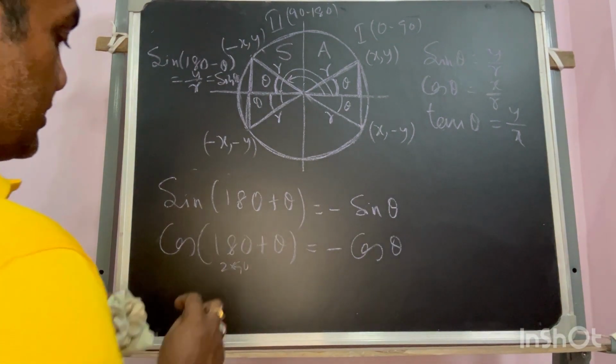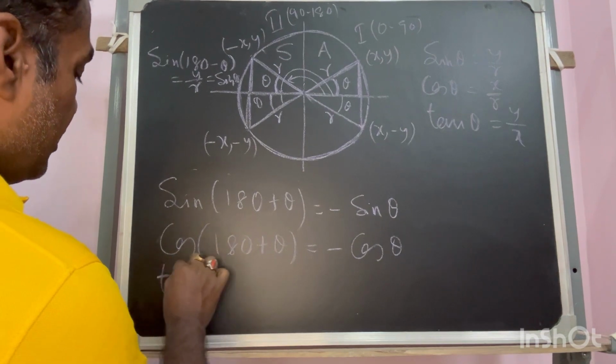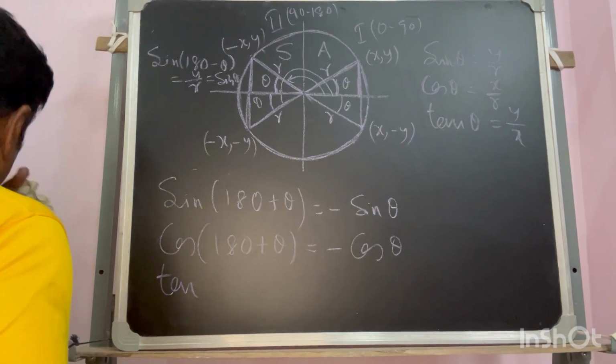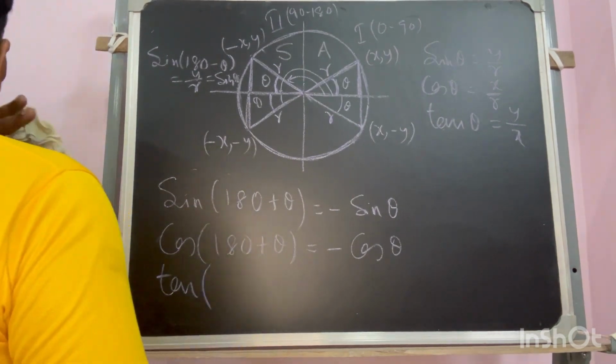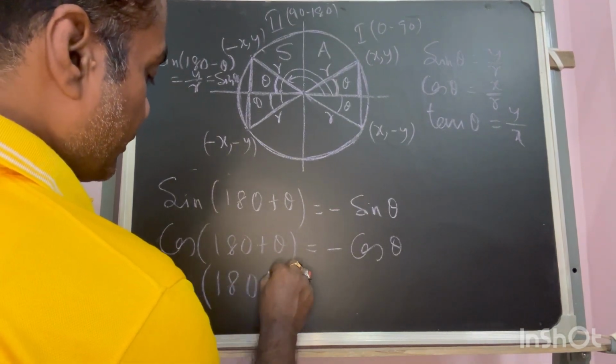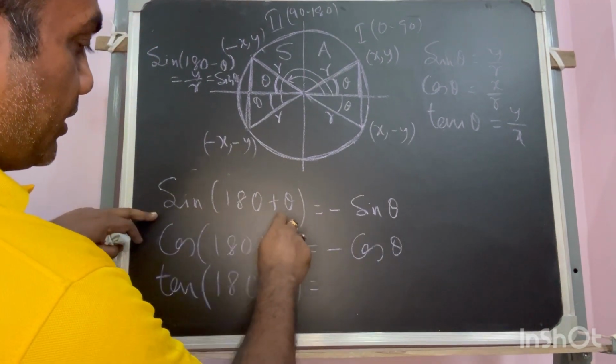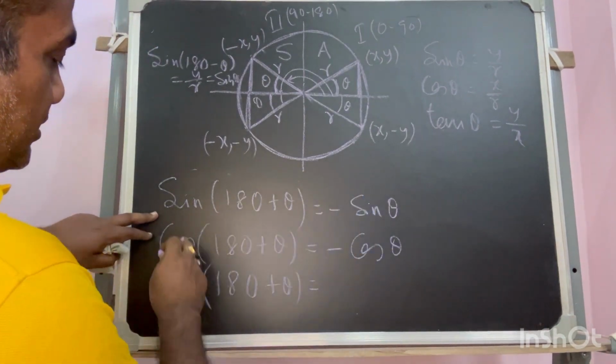And if I take the tan of 180 plus theta, you can do it by making the ratio of these two, because tan is nothing but sine by cos.